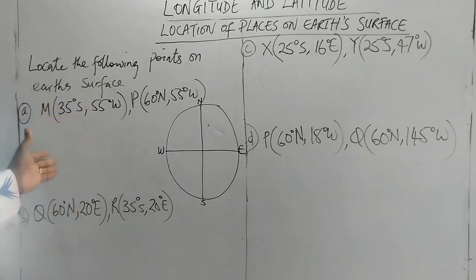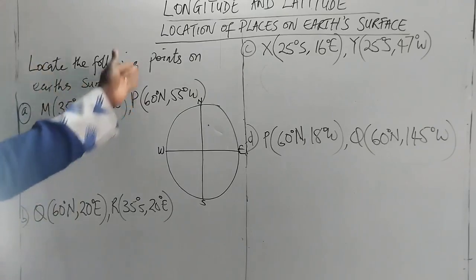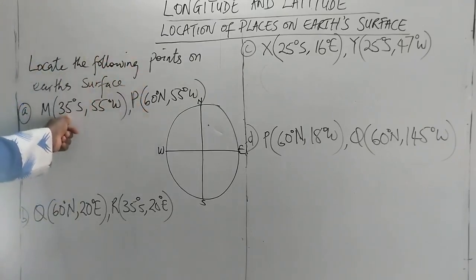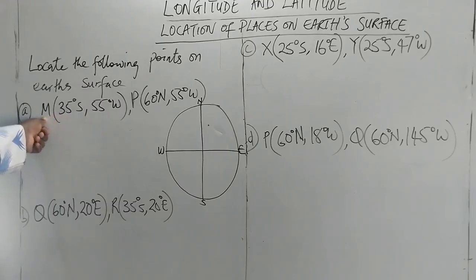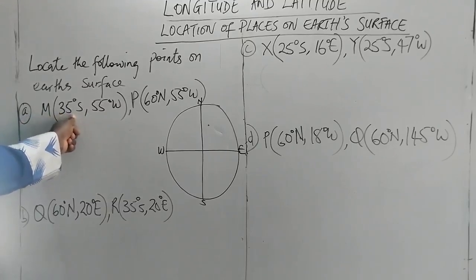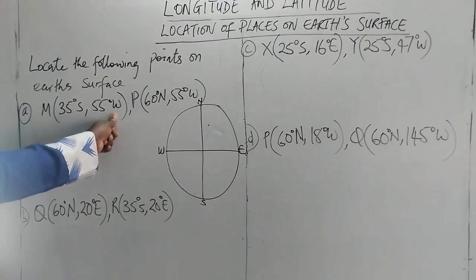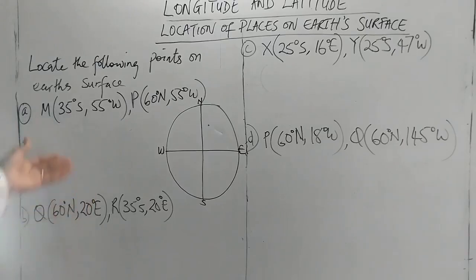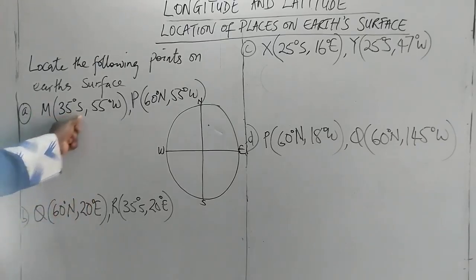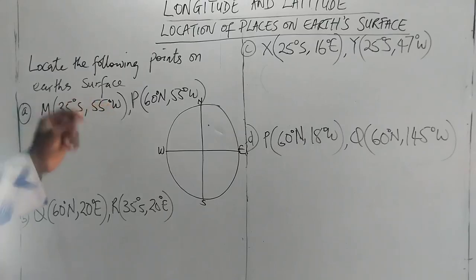Latitude comes first. Latitude before longitude. So, for example, in this one now, M is a point which is on latitude 35 degrees south and longitude 55 degrees west. What does that mean? Latitudes come first before longitudes.